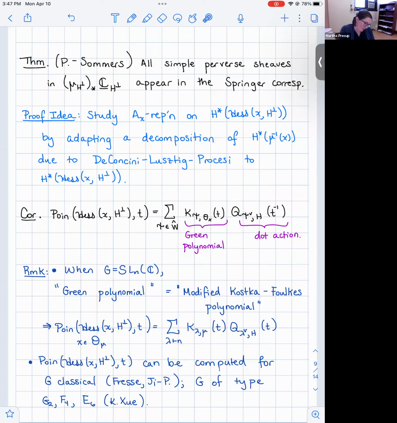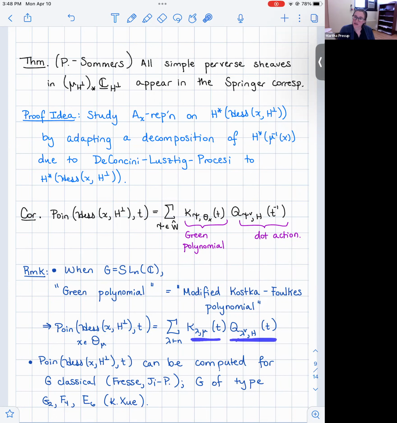So let me just say that when you're back in the type A case, this formula says that you can write the Poincare polynomial of a nilpotent Hessenberg variety as a sum of polynomials where these are the polynomials that showed up in chromatic quasi-symmetric function language.